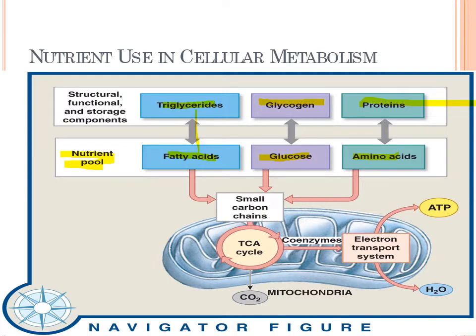They can be broken down. Glycogen can break down to glucose. Proteins can break down to amino acid. All of those things can be broken down further into small carbon chains. Those small carbon chains can then enter the mitochondria, go through what's called the citric acid cycle or the Krebs cycle, and then be sent to the electron transport chain where ATP is created in mass.